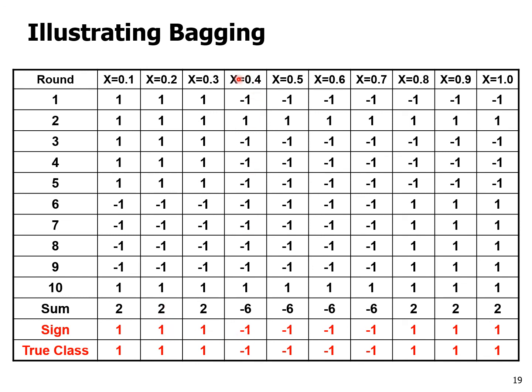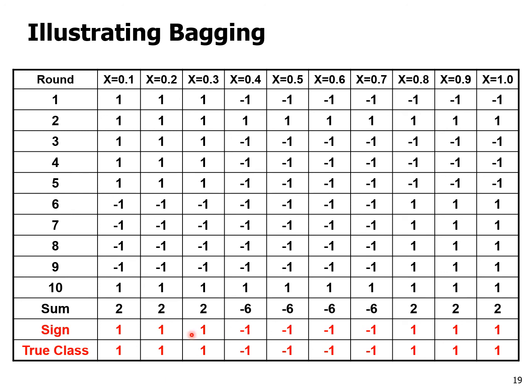In this case, the summation is 2, so the final prediction is 1. In this case, the summation is -6, so the final prediction is -1. In a similar way, this is -1, -1. This one here, the summation is 2, so the final prediction is 1, etc. So this is the final prediction by combining these results using the bagging method.